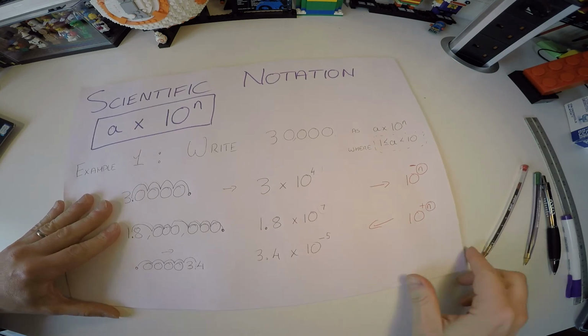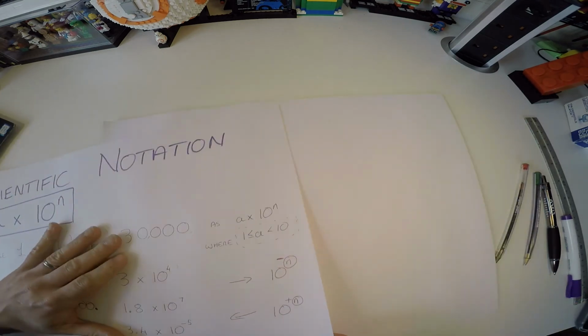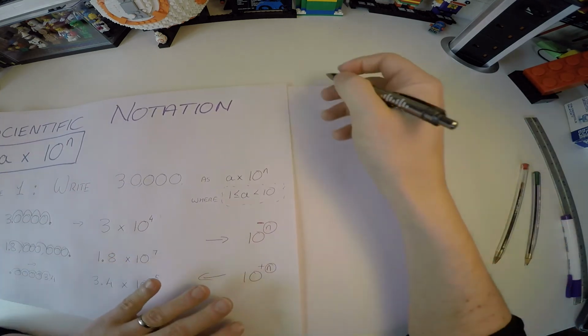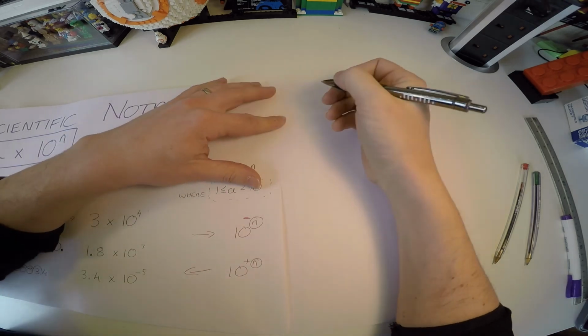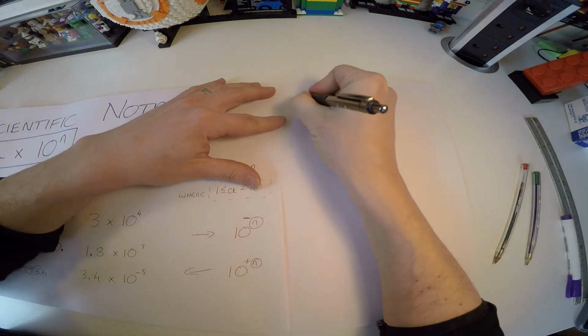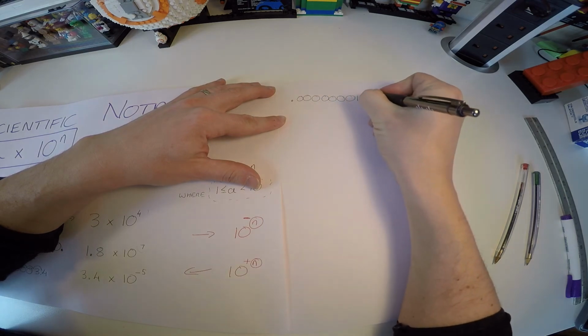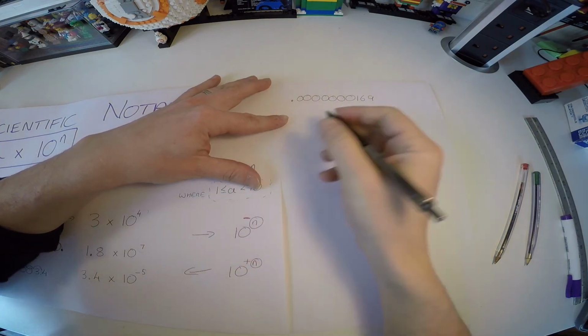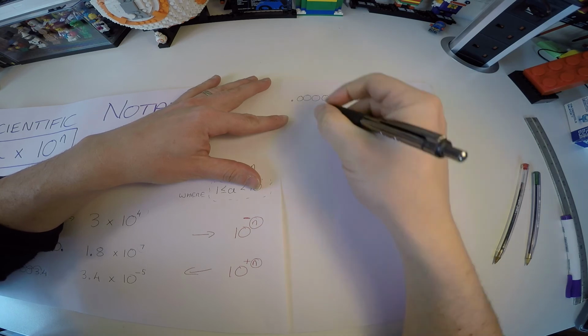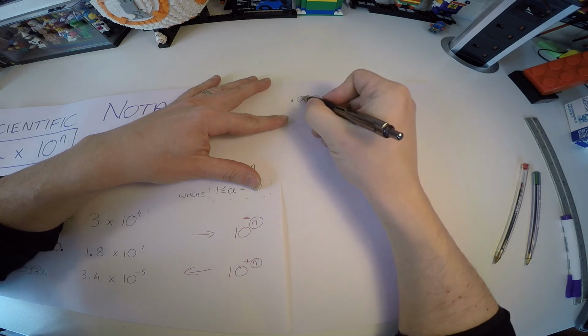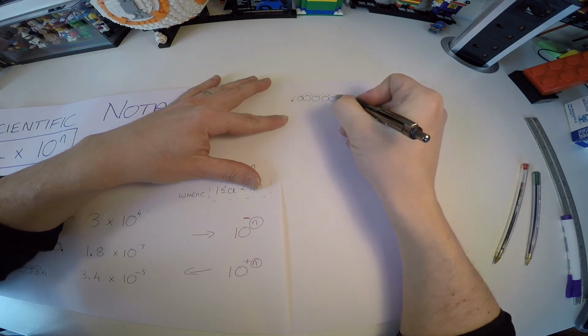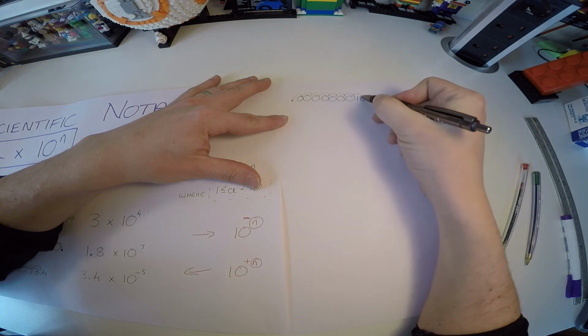So I'll do one or two more examples here just on a sheet to the side, with something like this. So what about if we had something like 0.00000016? So we need to write that in scientific notation. So let's hop the decimal place over. 1, 2, 3, 4, 5, 6, 7, 8. I can't stop there. That's 1. Yeah, I can actually.